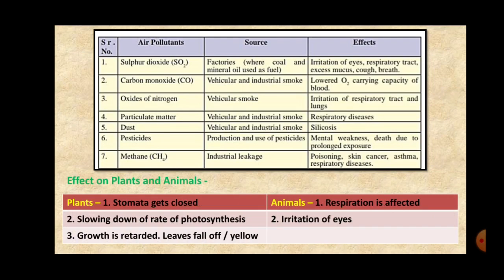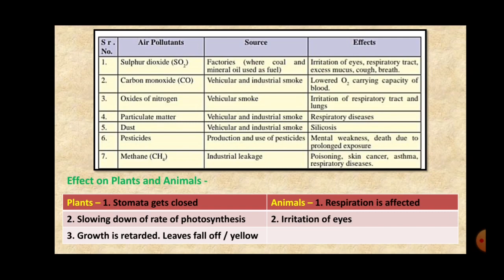Then what is the effect of these air pollutants on plants and animals? All that we had studied is about human beings, but they have adverse effects on plants and animals also. Now in plants, there are very small openings on the leaves called stomata, and through these stomata the plants respire, taking in oxygen and giving out carbon dioxide.